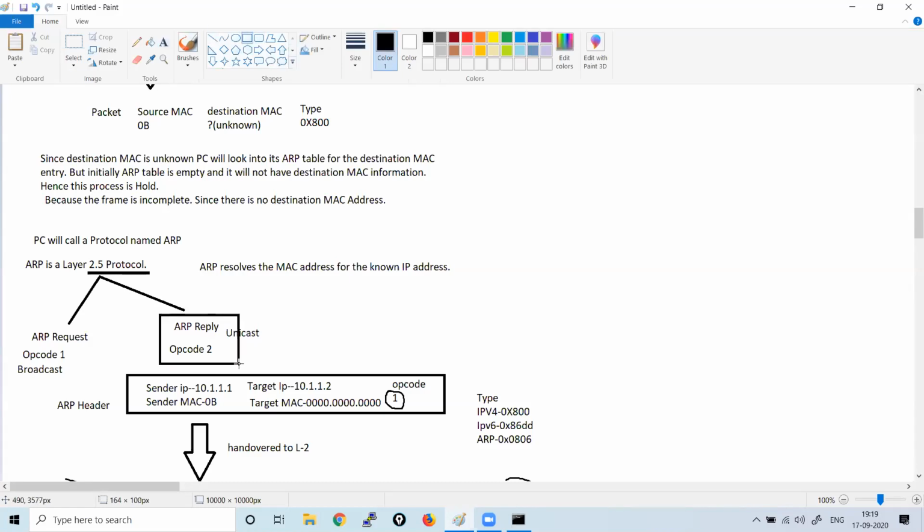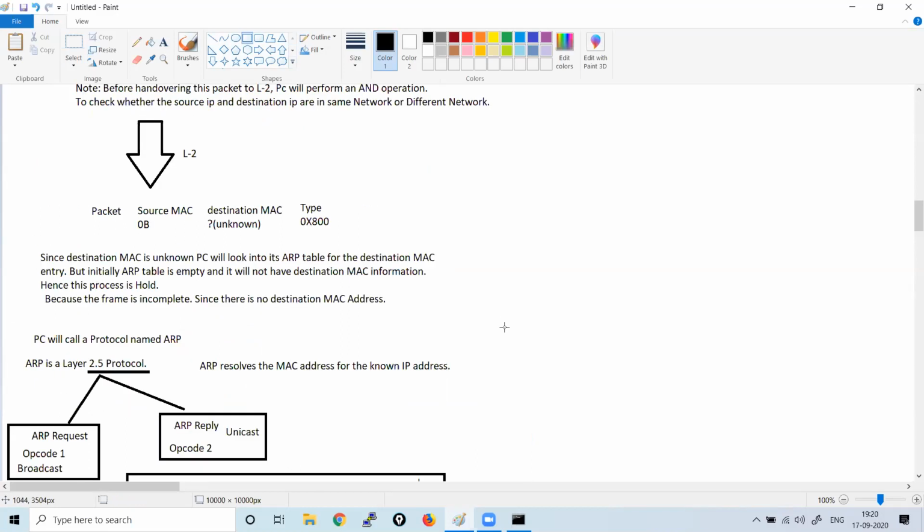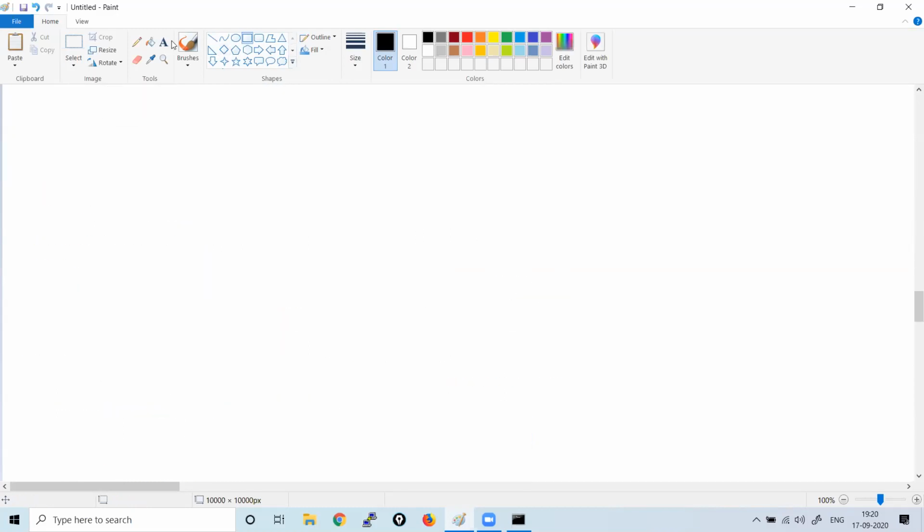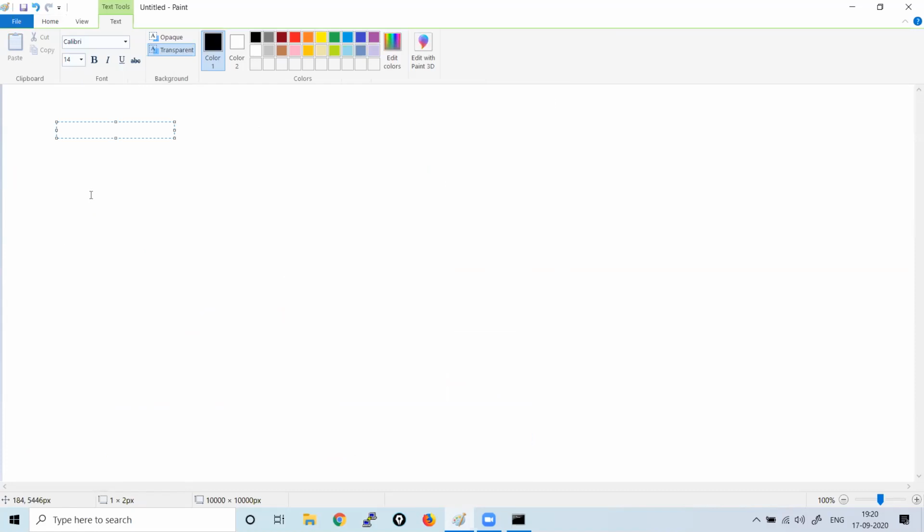Now, something we told, the process is on hold, right? If you remember, the ICMP process is on hold. So ICMP timeout is basically 2 seconds.